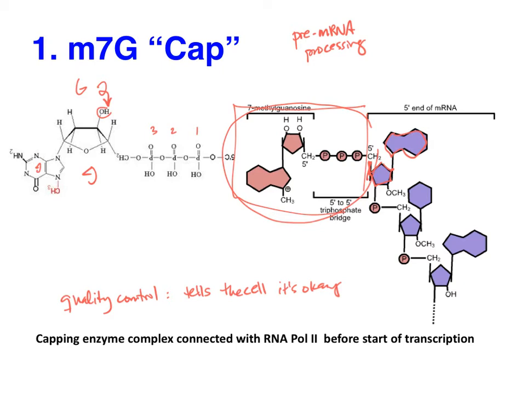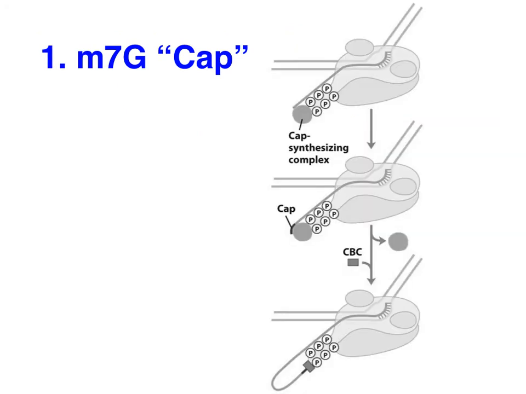Let's look at the capping enzyme complex. You can see here that we've got RNA polymerase shown in the center here, with the DNA running through the RNA polymerase, and then the mRNA coming out the other end of the polymerase. And attached to the polymerase is this 5' cap synthesizing complex.